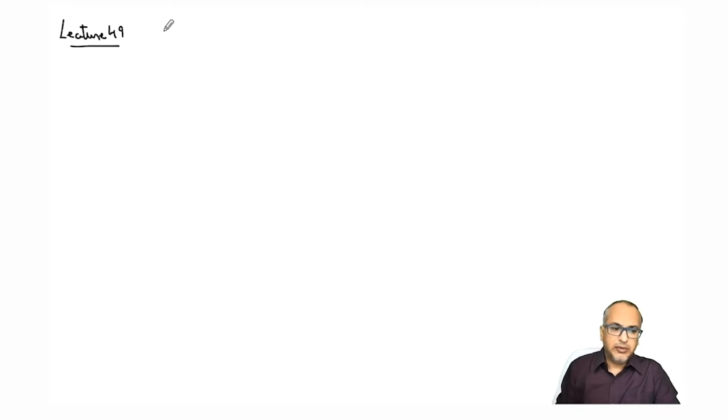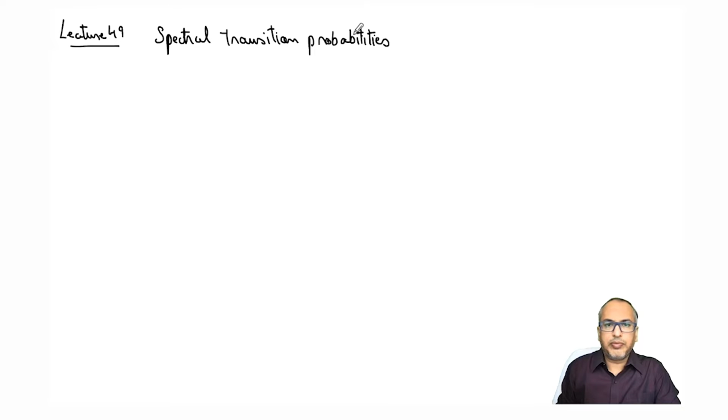Okay, so let us start with the spectral transition probabilities. And in this, we will be discussing symmetry based selection rules.